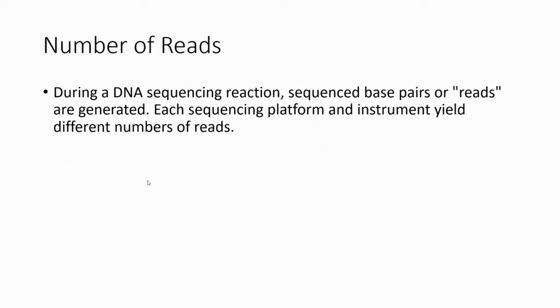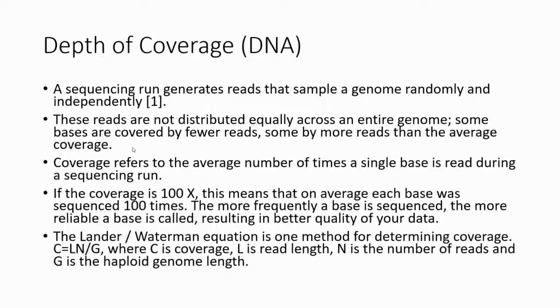And number of reads. So during the sequencing reaction, as the base pairs are sequenced, reads are generated. Each sequencing platform and instrument yields a different number of reads, okay? And the depth of coverage.